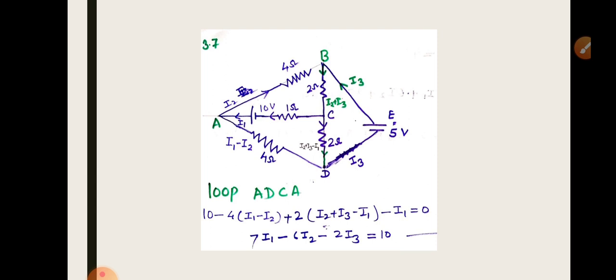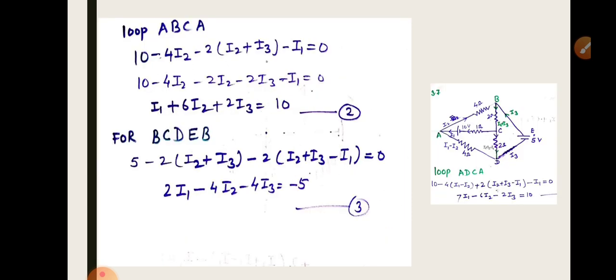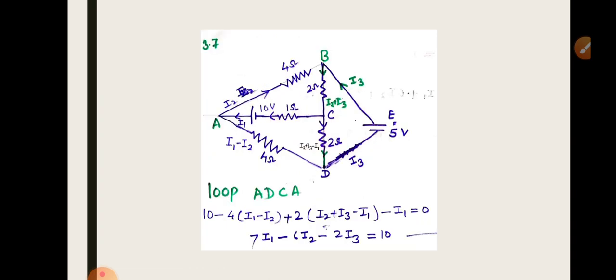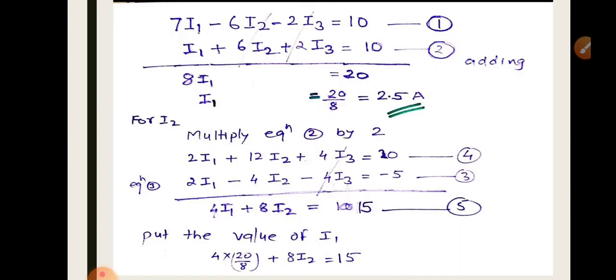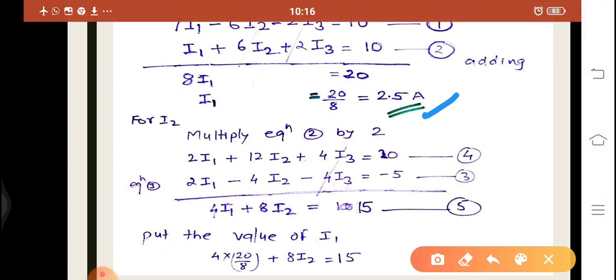This page is only for the diagram, so don't take this. After this, you don't see this page directly, you see this. Calculation: 7I1 minus 6I2 minus 2I3 equal to 10, I1 plus 6I2 plus 2I3, then I1 will be this.